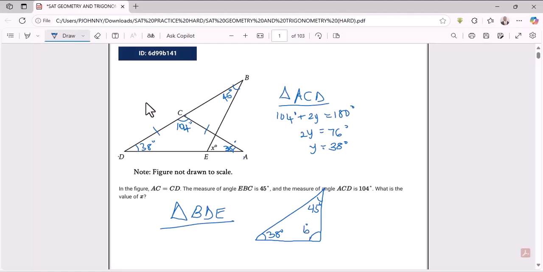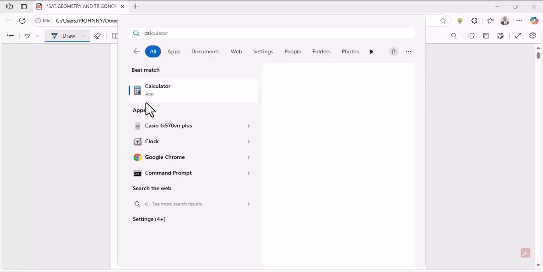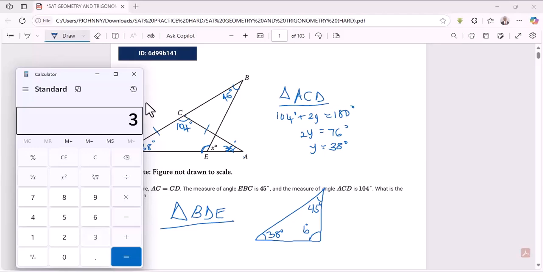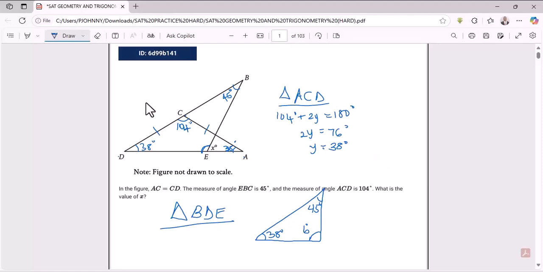Once we're able to get this unknown angle, then of course we just apply the rule of angles in a straight line and get what x is, right? So 38 plus 45, that's 83, minus 180, that'll give you 97. So B is equal to 97 degrees.